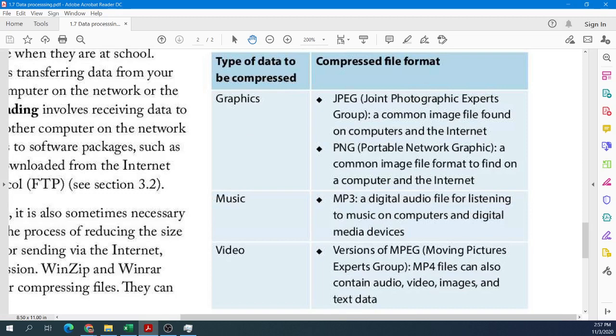Crystal Dunn, can you read for us? The first one, you go across graphics and then read the compression file format. Crystal?